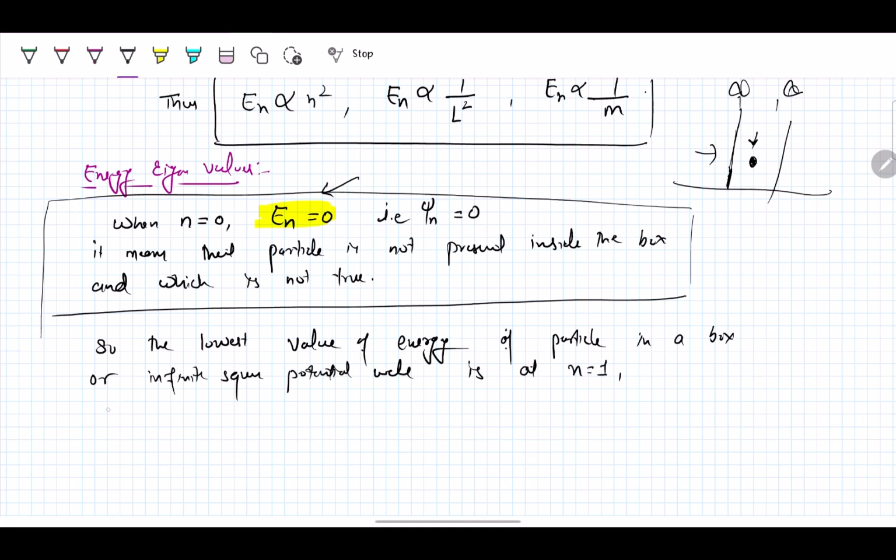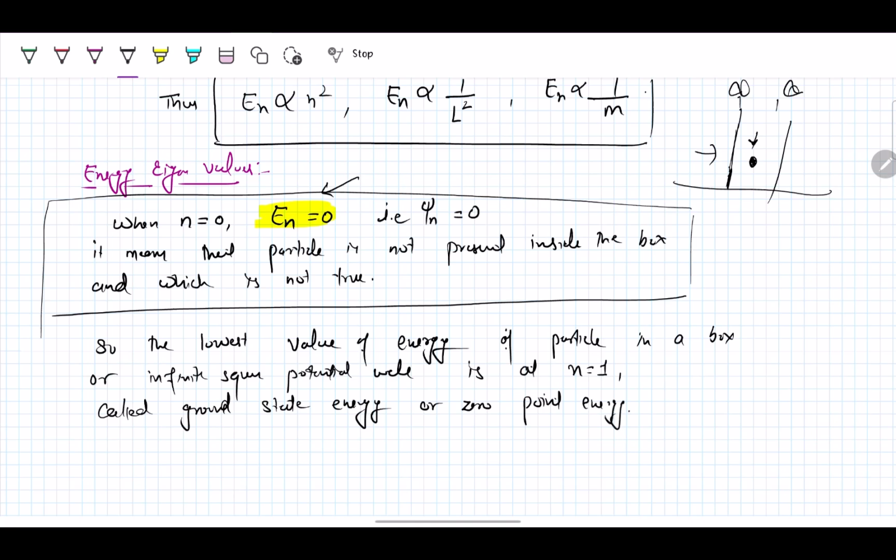This is called ground state energy, or zero point energy.